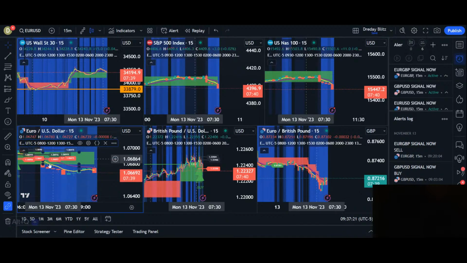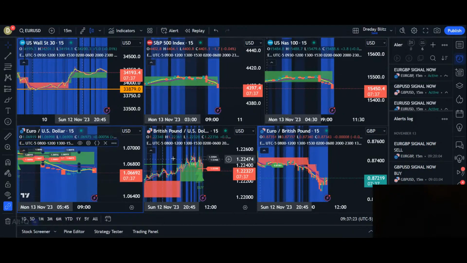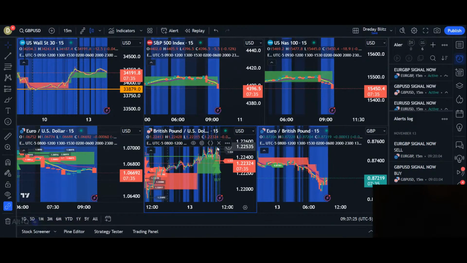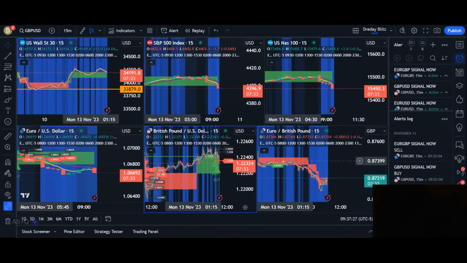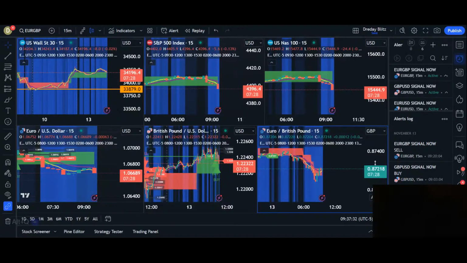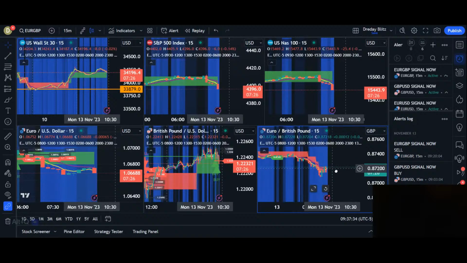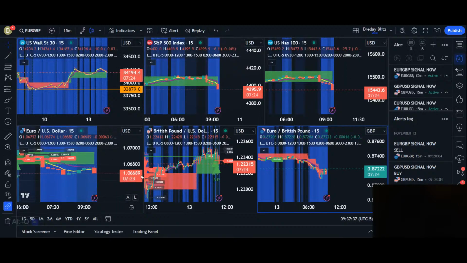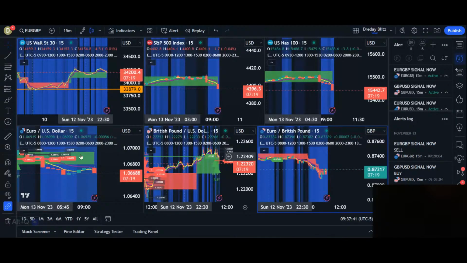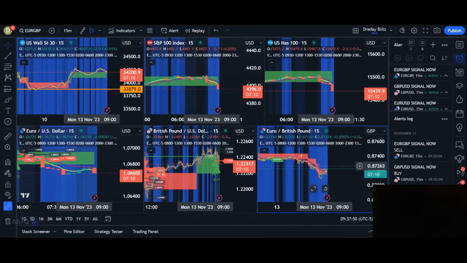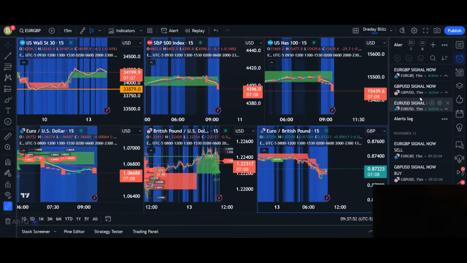If EU and GU are bearish, Euro GBP would be bullish. Okay, so write this down. EU and GU are most of the time moving in the same direction, and the correlating pair, Euro GBP, is going in the opposite direction of EU and GU.